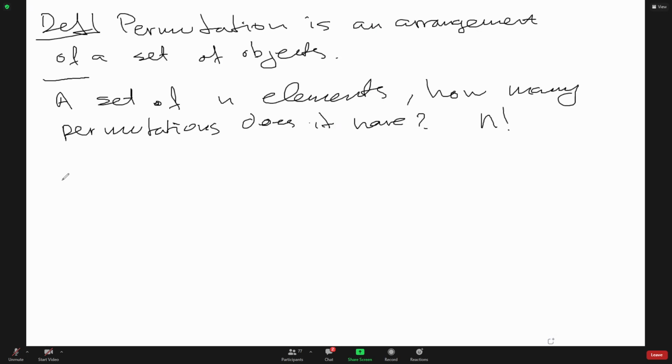Okay. Since there are n elements in our set, there will be n places for every element. So if we calculate, that will be n factorial. Okay, but what do we calculate? You have n positions for the n elements.